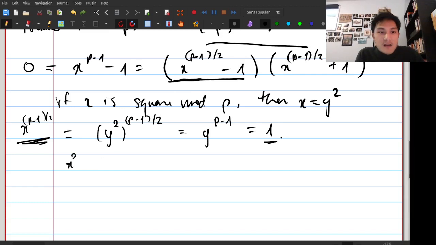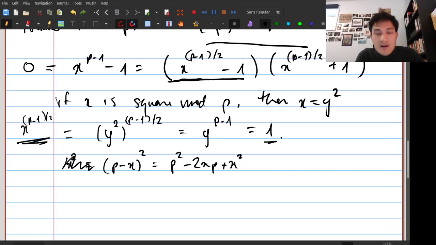Let's start with this: (p minus x) squared is equal to p squared minus 2xp plus x squared. But if we mod out by p, the first two terms are both 0, so that's equal to x squared. So (p minus x) squared is equal to x squared in the finite field F_p.